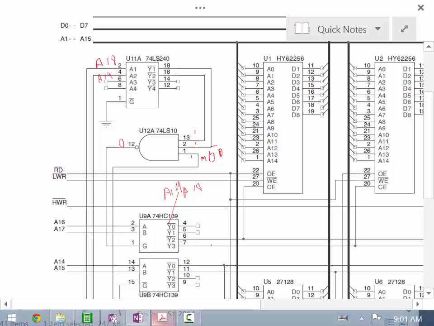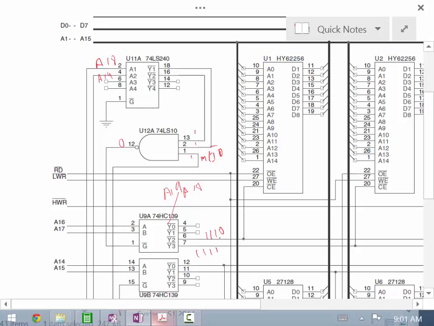Then this output is high when 16 and 17 are both high. This output is high when 17 is high and 16 is low. So this address is 1111. This is 1110 for the upper four bits.